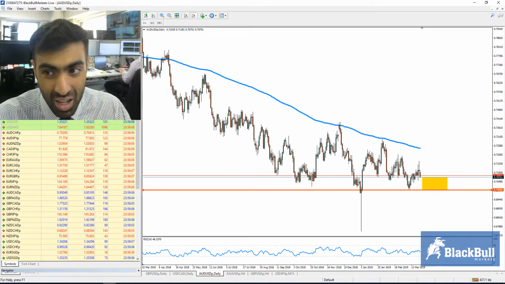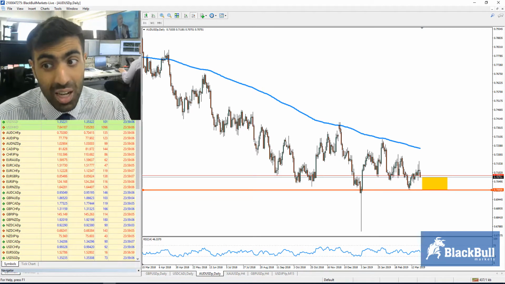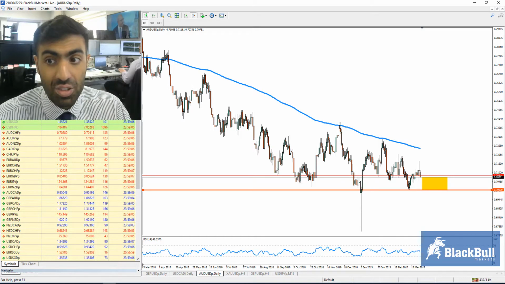The RBA has kept rates on hold at a record low of 1.5% for over 2 years now, and is probably closer than ever to a cut than a hike for its next meeting.